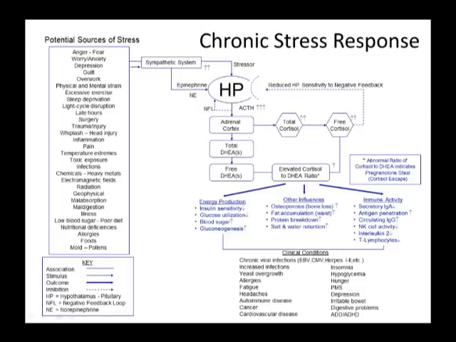Well, if you look down, we eventually start to have an impact on DHEA. DHEA is important as a hormone regulator, but it's also important in the immune system. If we focus more specifically on something like rheumatoid arthritis, we can see that the impact of cortisol and DHEA imbalance will have a direct impact eventually on immune function.